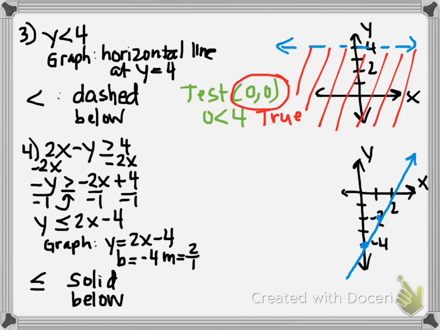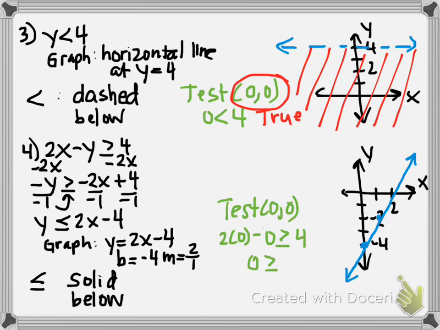And before I shade, I'm going to test. And again, 0, 0 is not on the boundary, so he's a good point to test. And let's see, and I always test back to the original. 2 times 0 minus y, or sorry, minus 0 is greater than or equal to 4.